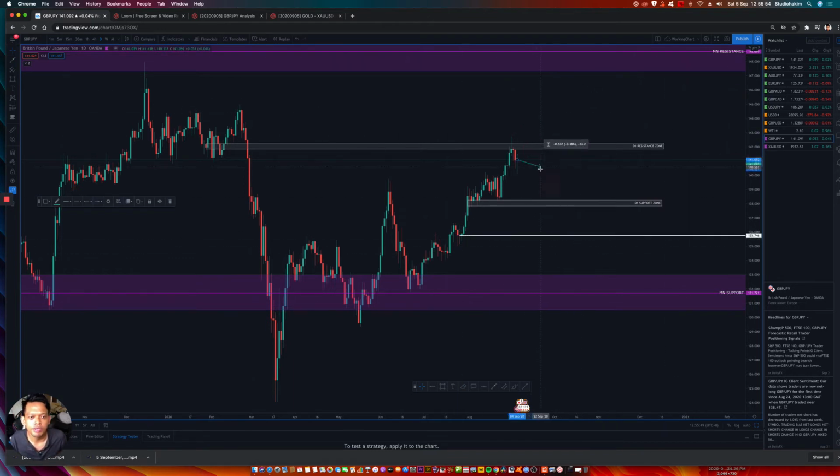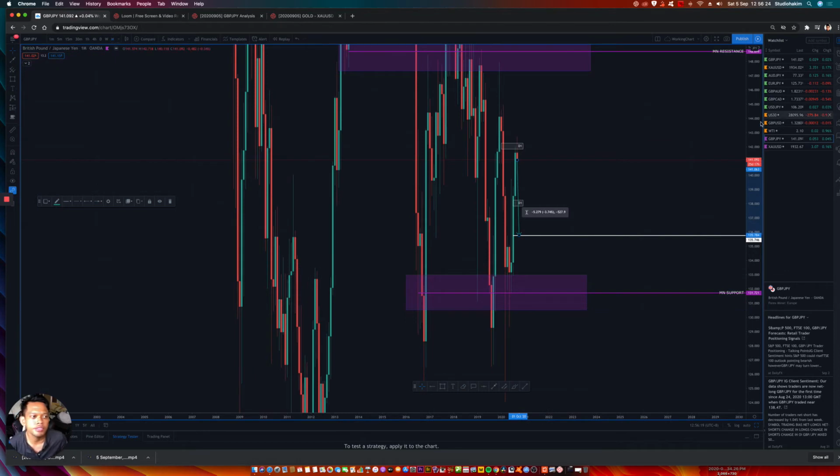If it goes bearish, it basically looks something like this. It respects here or even here, and once you break the D1 support, it might just go down to 135.74.